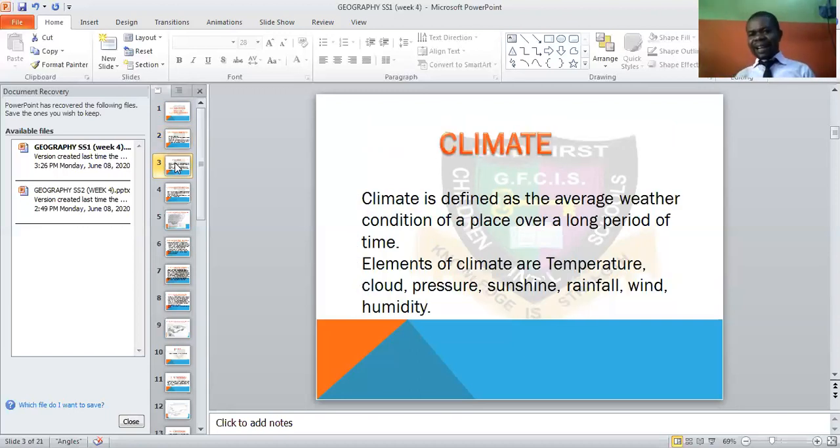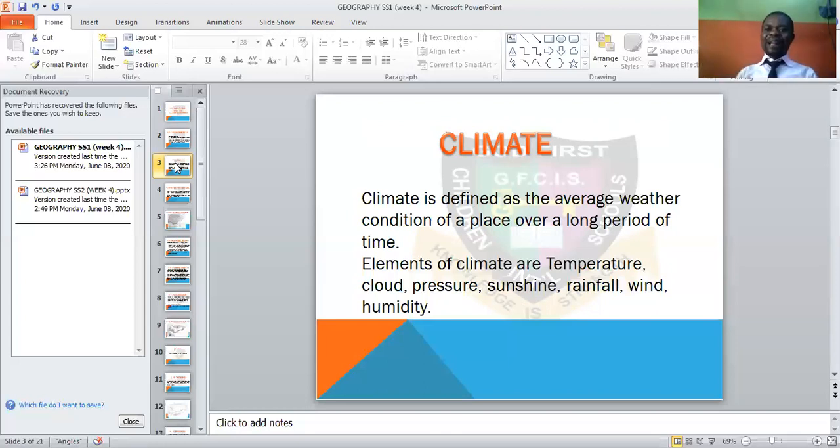Like I've said in our review of last term's work, climate is the average weather condition of a place over a long period of time. Then we also have some elements of climate. These are things we already have in our notes and discussed last term.